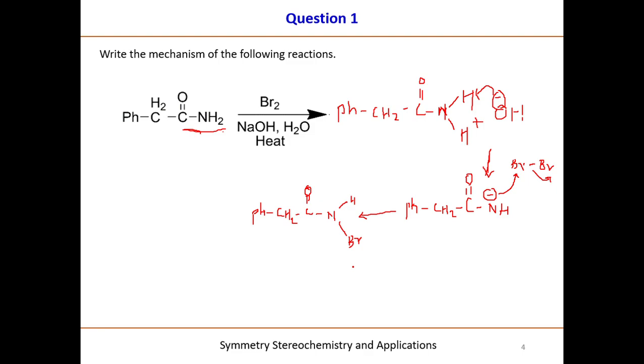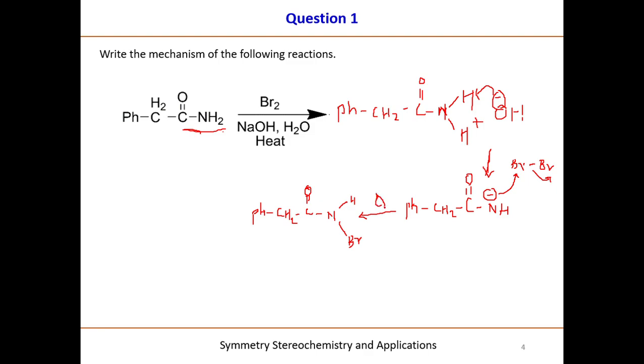What will be the second step? In the second step, deprotonation takes place followed by the migration of the alkyl group. Again, because we are doing rearrangement reactions, in rearrangement reactions the migration is taking place. So first, we will observe here the deprotonation again. Now for deprotonation, only one proton is available.